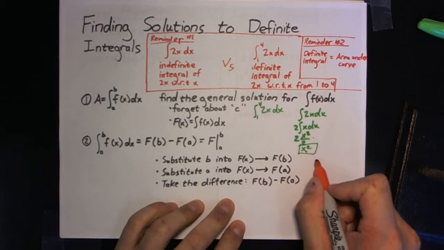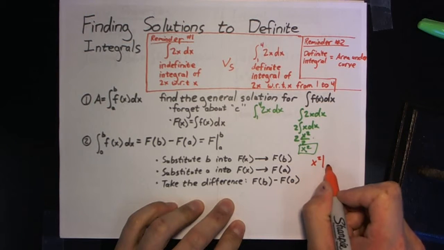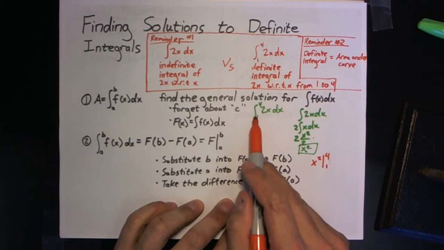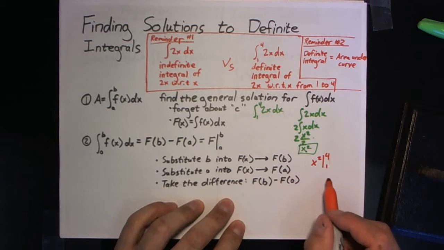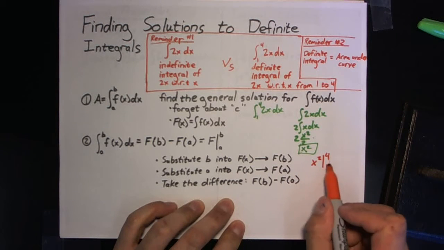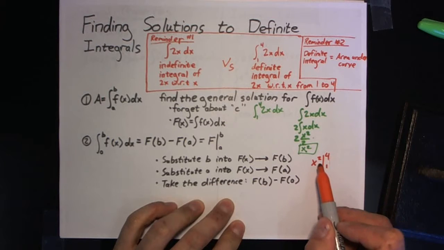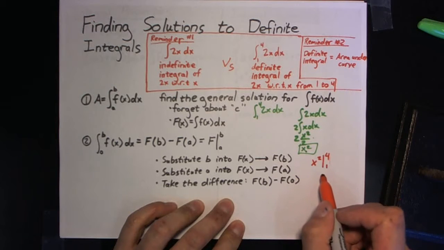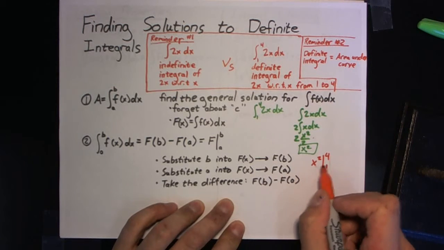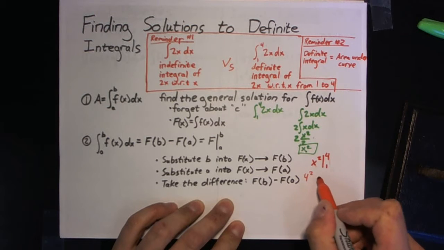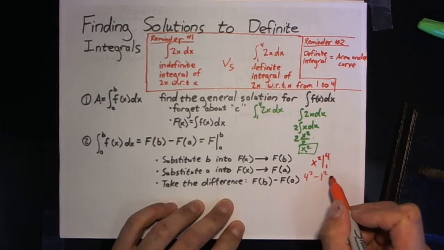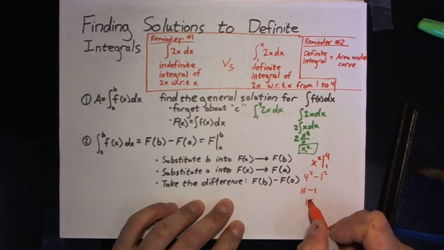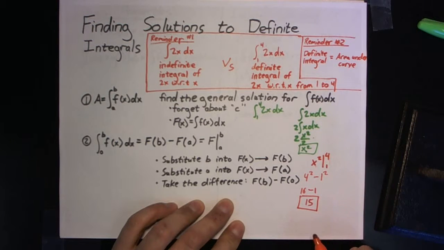Step 2 would be to take x squared and evaluate it at 1 and 4. The reason I use 1 and 4 is because those are our boundaries on the original function. This is the short way of writing: evaluate x squared at 4, evaluate x squared at 1, take the difference between the two. This vertical line is the shorthand. What this really means is 4 squared minus 1 squared. 4 squared is 16, 1 squared is 1, and so our final answer is 15.